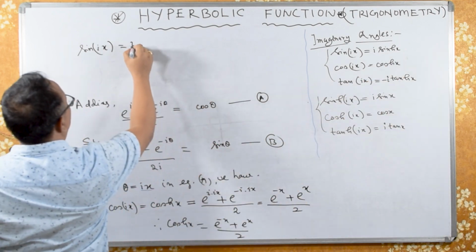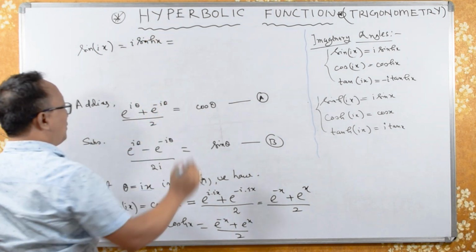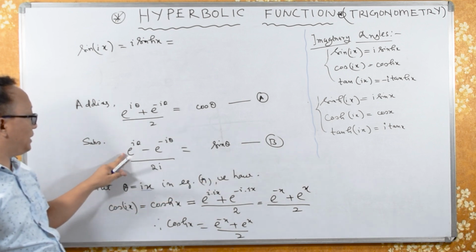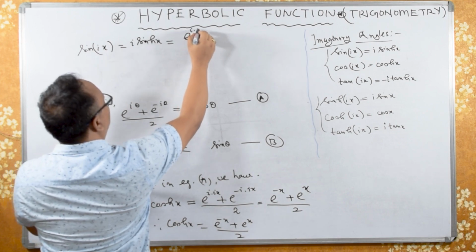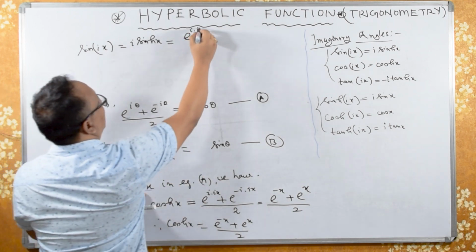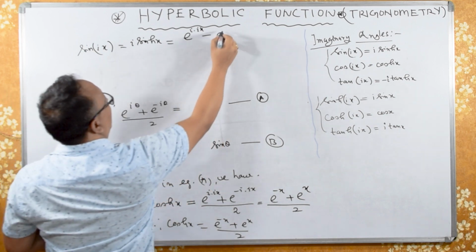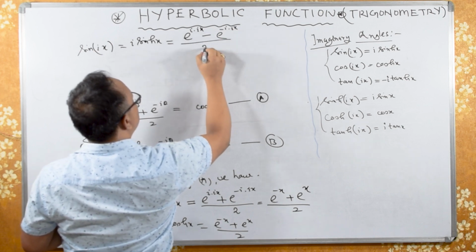This i sine hyperbolic x is equal to, on the left hand side of this equation, e raised to i into ix minus e raised to minus i into ix upon 2.